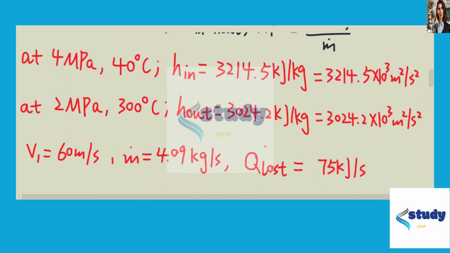And we know the inlet velocity is given as 60 meter per second, the mass flow rate is 4.09 kilogram per second, and the heat loss rate is 75 kilojoule per second.